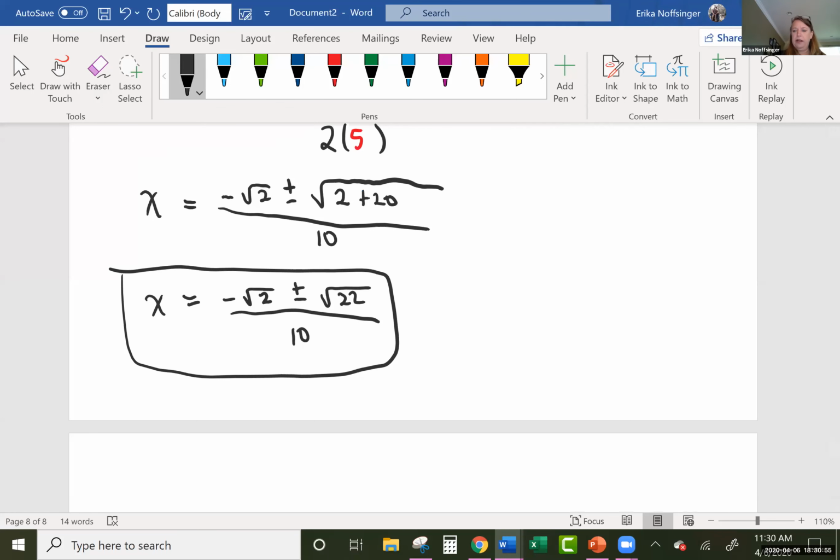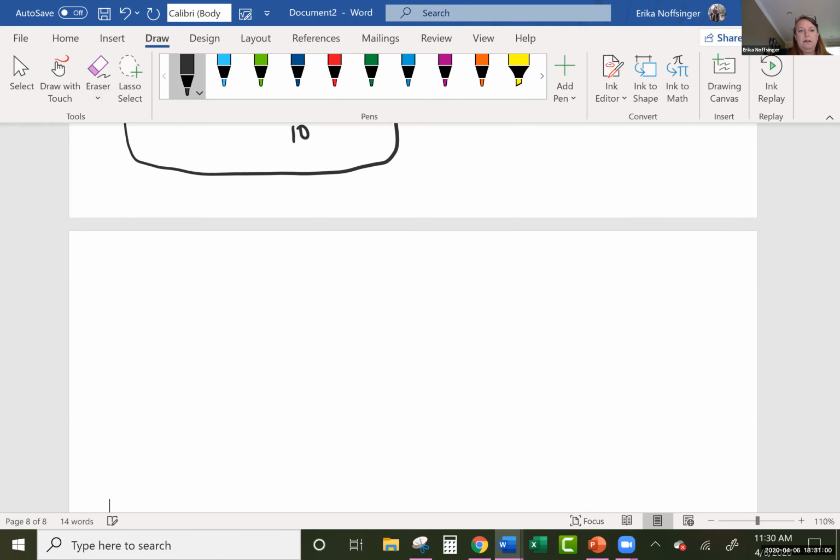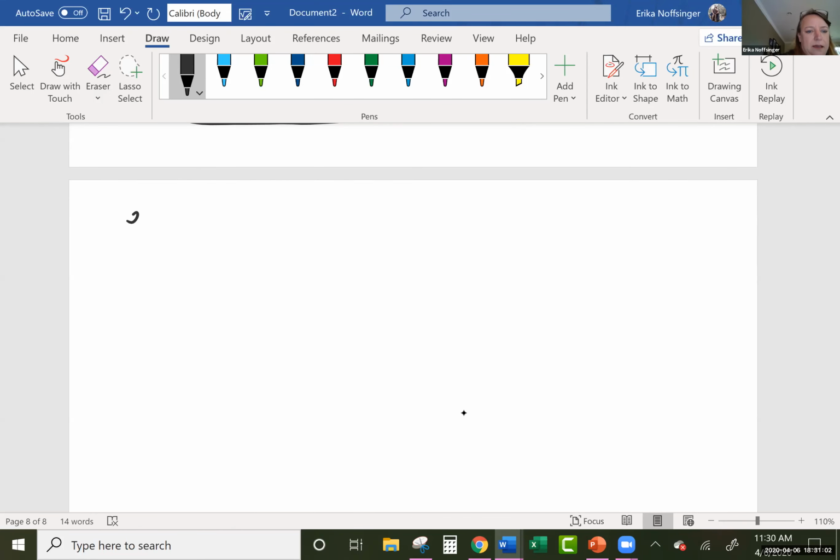Okay, one more type I saw that might be different than what you've seen.